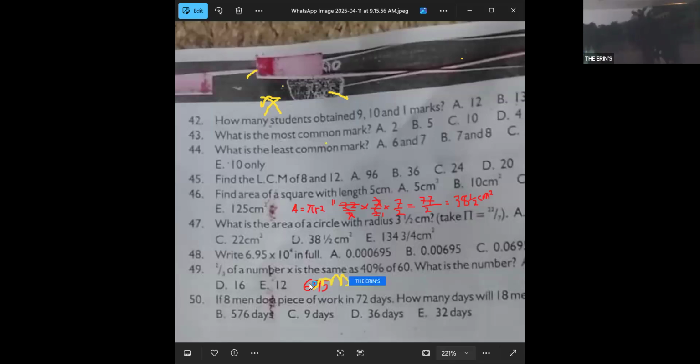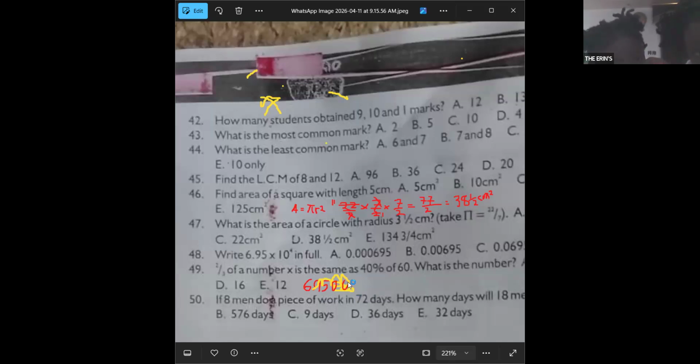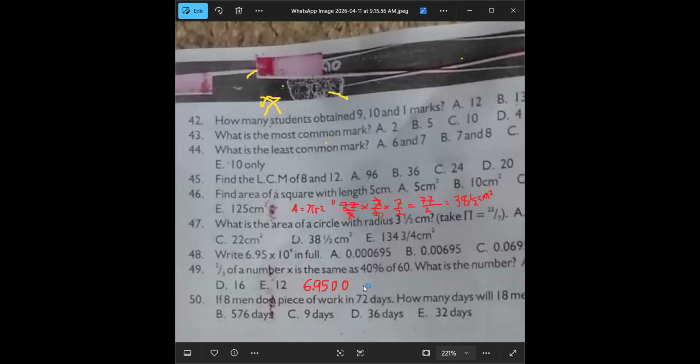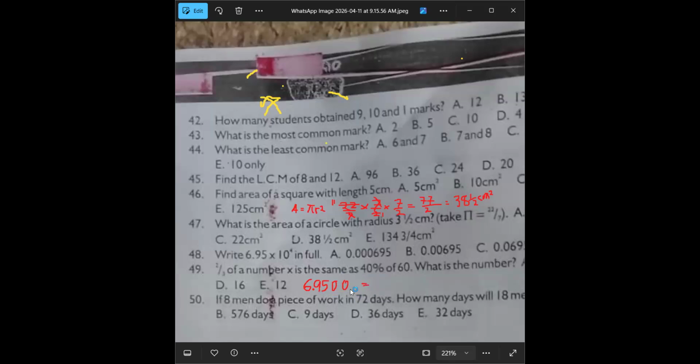So that will be 0, 0. That's 0. Okay, so I should put 0 and put another 0 here. Yes. Then that's what I got. So the decimal point will not be there. Yes, I understand. I know it will not be there.